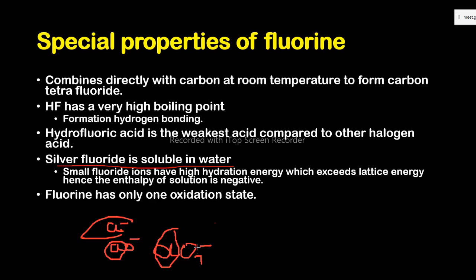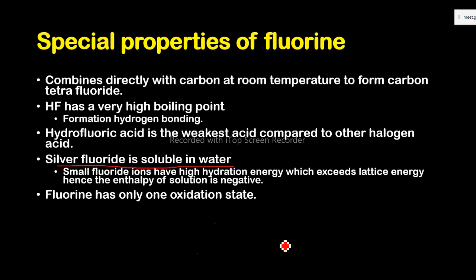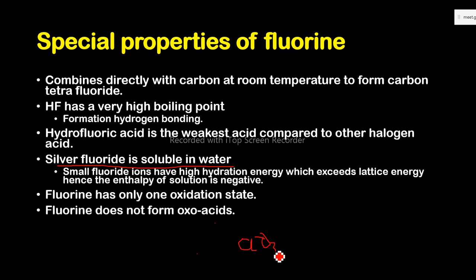Because of that, fluorine becomes different. It isolates itself from the rest of the group members. Fluorine does not form oxoacids. The oxoacids are these ones: the chlorine ones, and if you put H here, that's an oxoacid. So you cannot find fluorine in these.